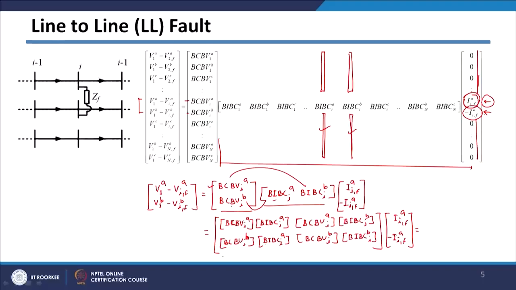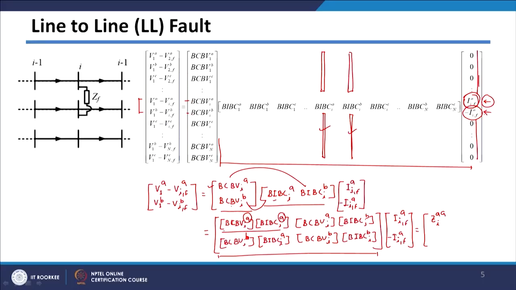Now, to express this matrix in short form, I am calling this ZIAA, because BCBV also has the A part and BIBC also has the A part.